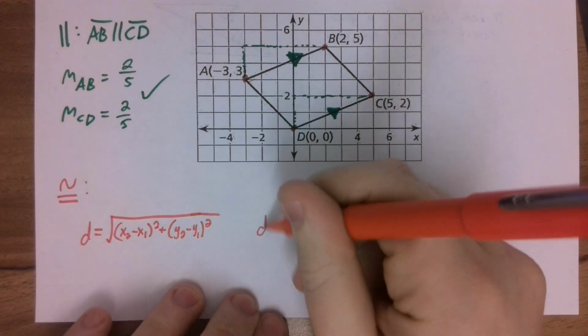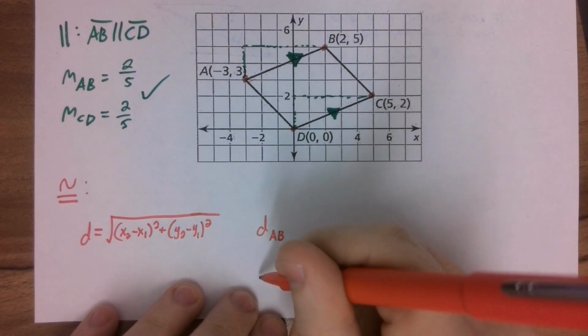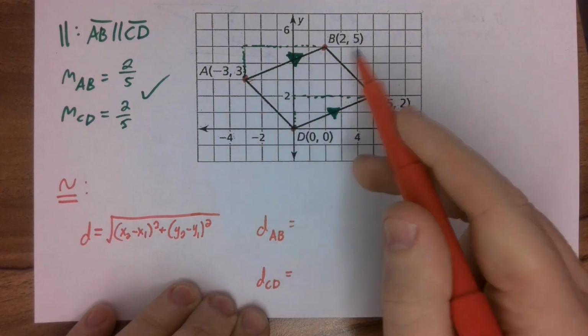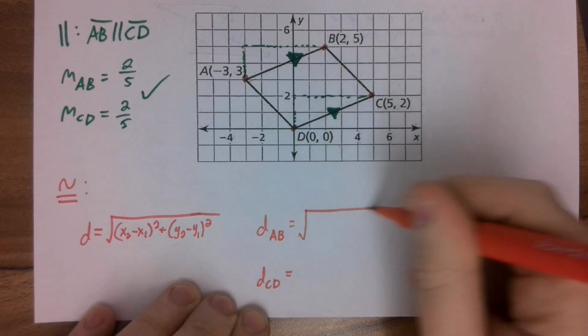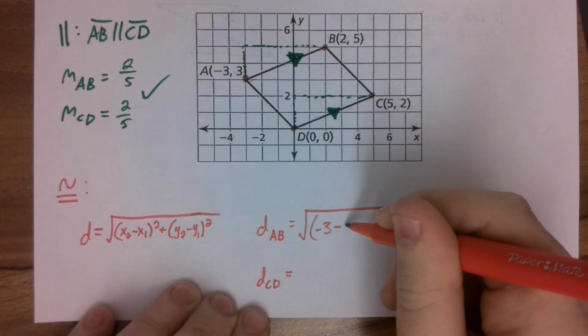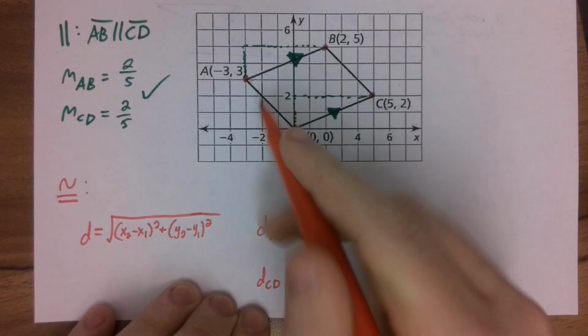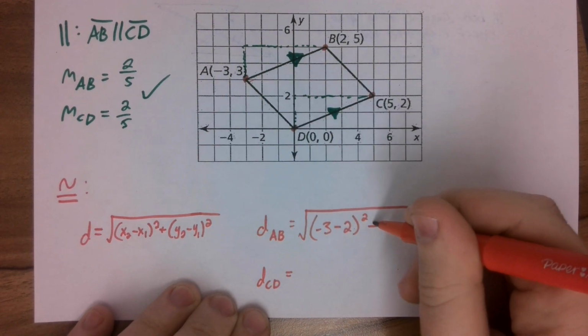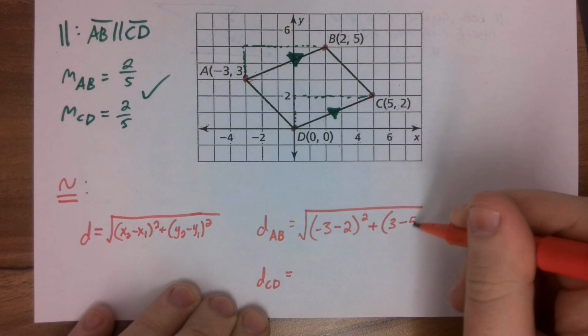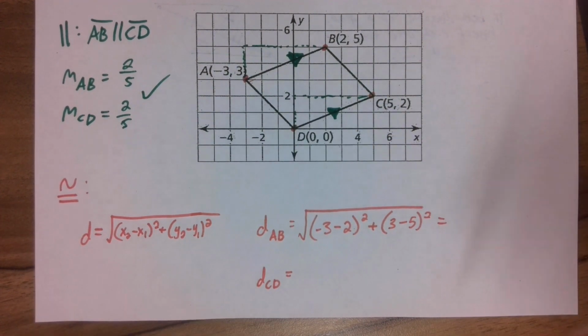From here, we can find the distance from A to B and the distance from C to D. From A to B, we just plug in all of these points. So the two x values are -3 and 2: (-3 minus 2) squared plus 3 and 5 are the two y values, so (3 minus 5) squared.